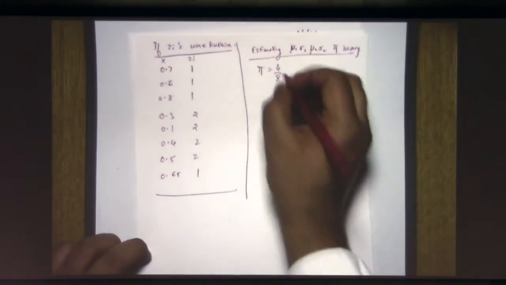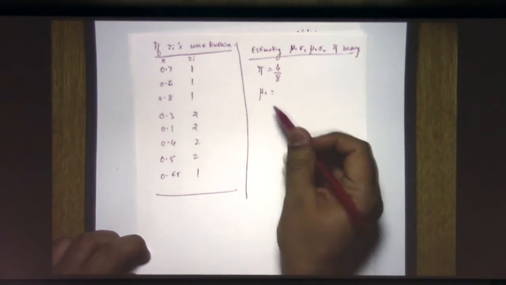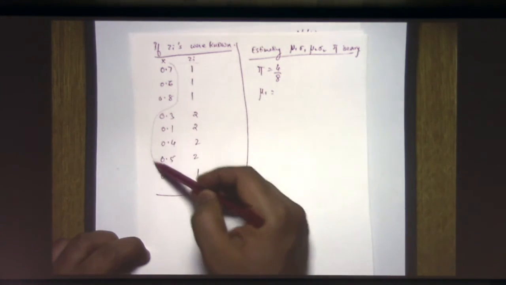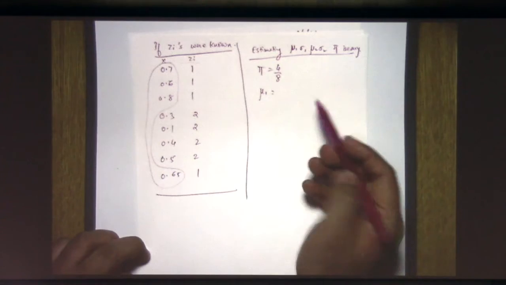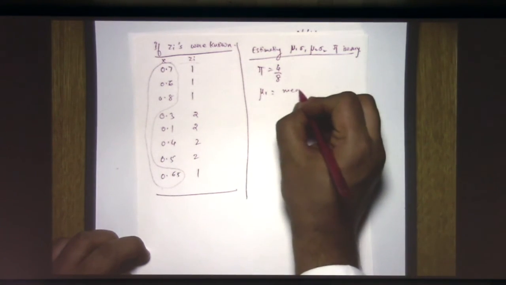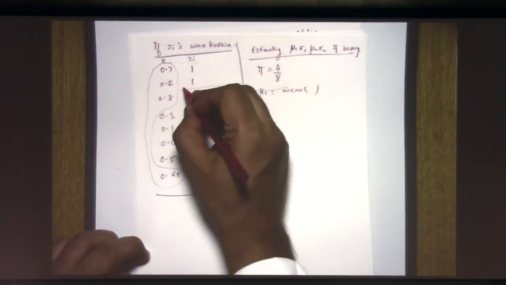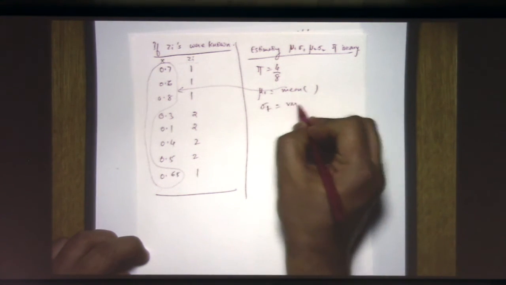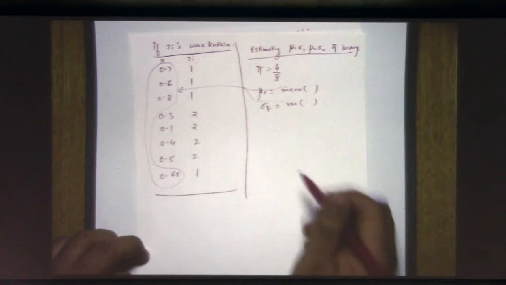So that is easy. Mu1 will just be the mean of all those x's for which zi is 1. So mu1 will be the mean of all these values, and similarly sigma1 will be the variance of all of these values. And same way with mu2.